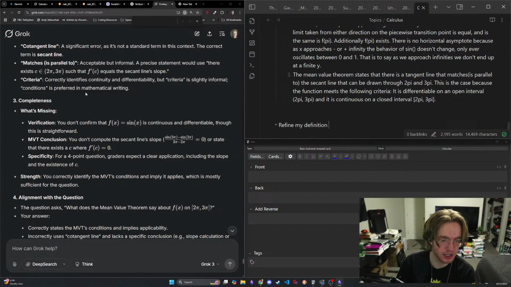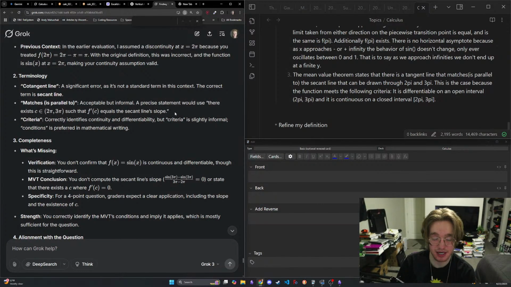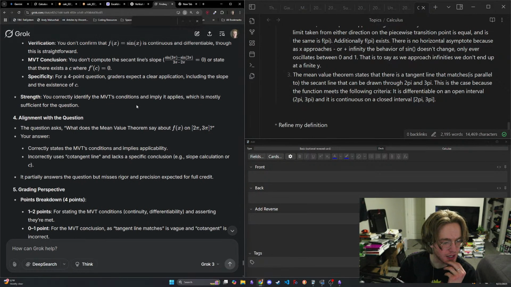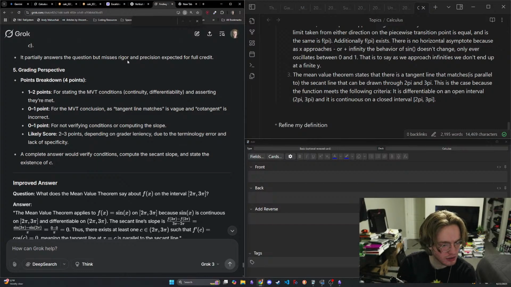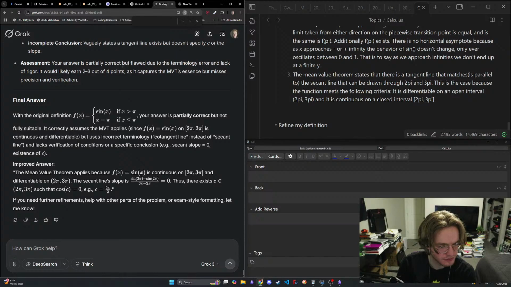Even earlier, I said criteria, but conditions is the preferred term for mathematical writing. Additionally, I said matches in parentheses is parallel to, and while that is the case, it's not precise. So that's good to know.